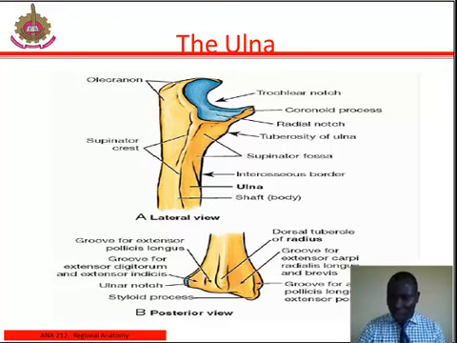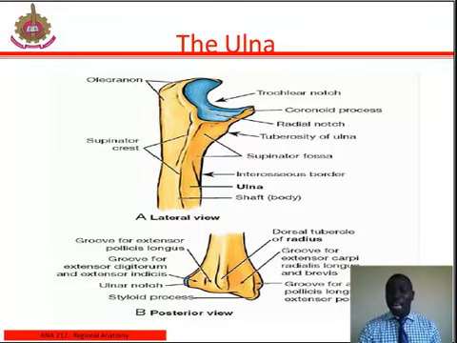Proximally the shaft of the ulna is thick, but it tapers, diminishing in diameter distally. At its narrow distal end is the rounded head of the ulna with the small conical ulnar styloid process.